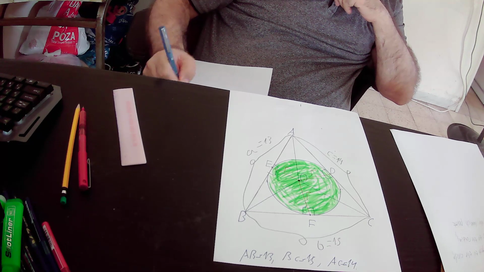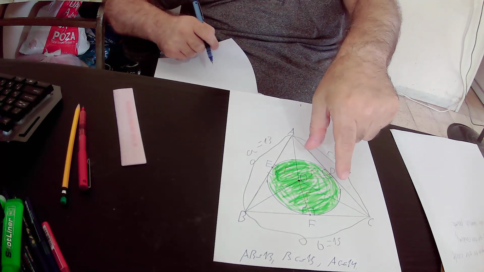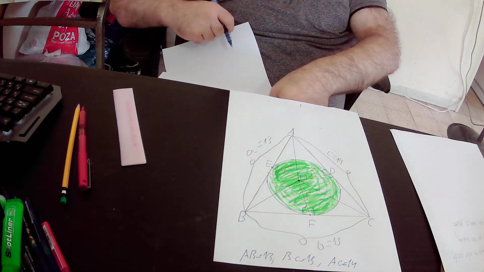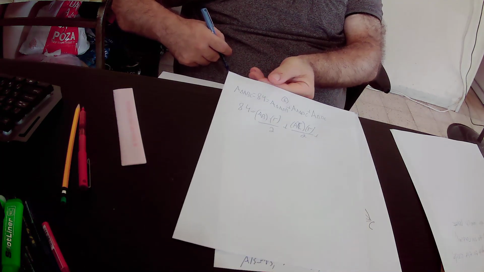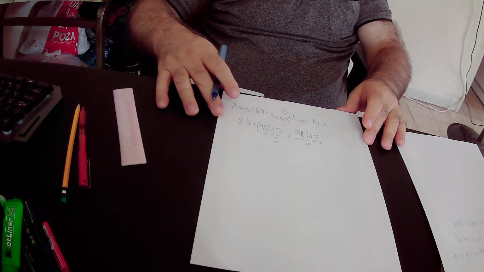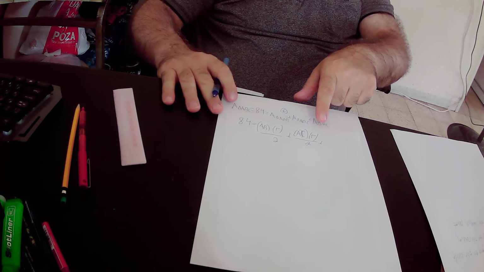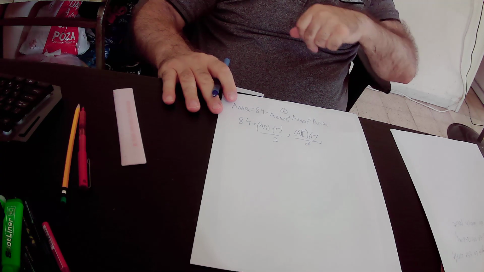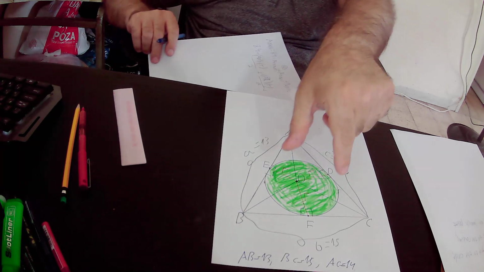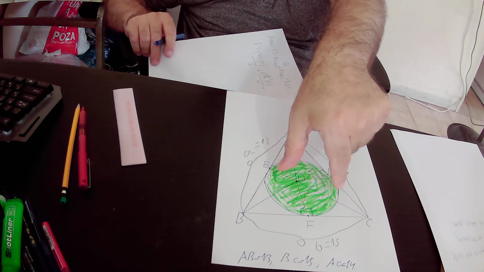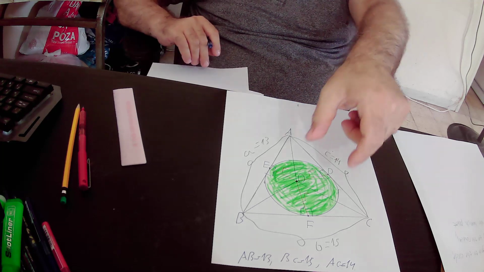So in total we got that the area of this small triangle AOC equals the base of triangle AOC, that is AC, times the height to the base, that is the radius of the green circle, over 2, plus the area of the small triangle BOC. What is the area of triangle BOC?